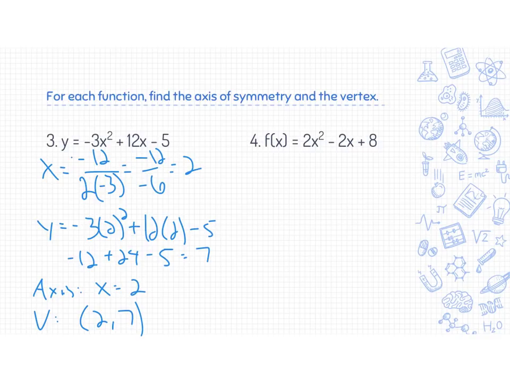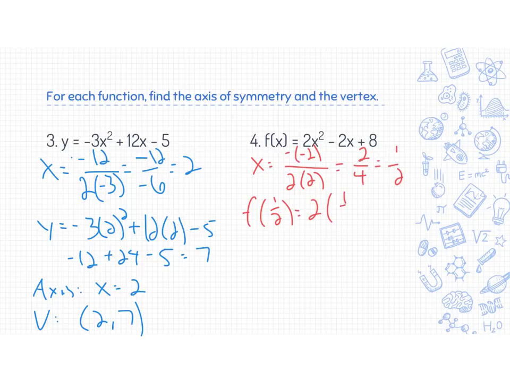So our second one here, we get x equals negative b, so it's negative negative 2, all over 2a. Two negatives make a positive, so that becomes 2 over 4, which is 1/2. So substituting that in, f of 1/2 equals 2 times (1/2) squared minus 2 times 1/2 plus 8.